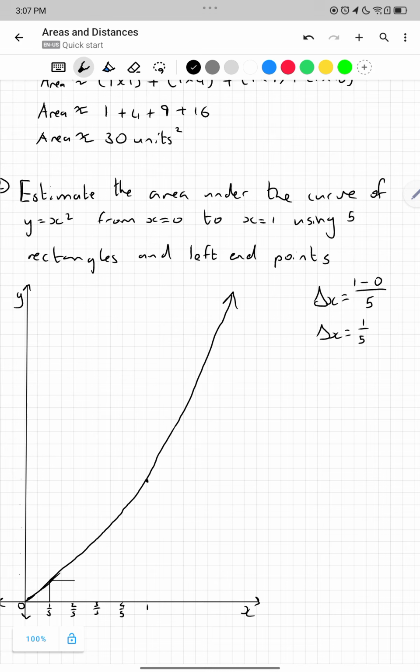Then the third one will be as follows. The fourth one, this is 1, 2, 3. Fourth one will be as follows.